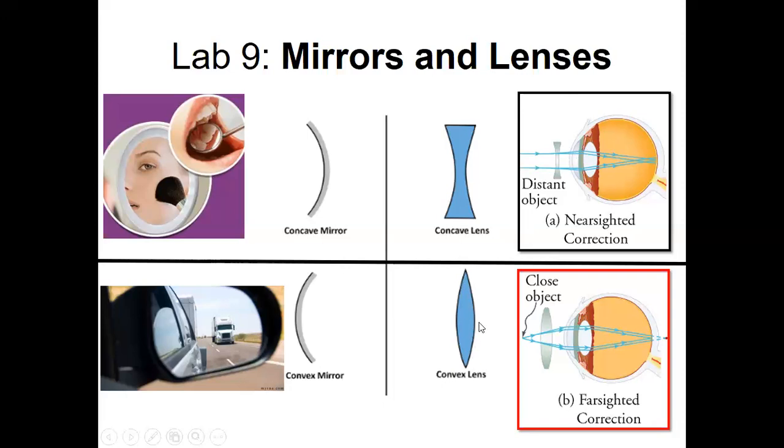Then the convex lenses come in this shape, and the best example, I would say, is the magnifying glass. We also use convex lenses in our eyeglasses if we are suffering from farsightedness, right? To correct farsightedness, we use convex lenses. Again, we will be applying the mirror equation and magnifying equation in the experimental part for lenses.